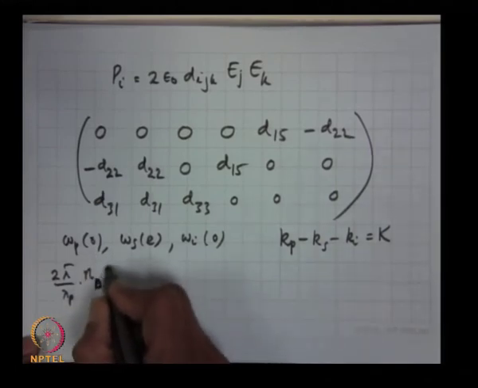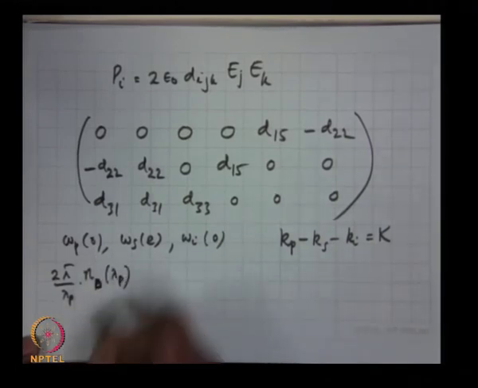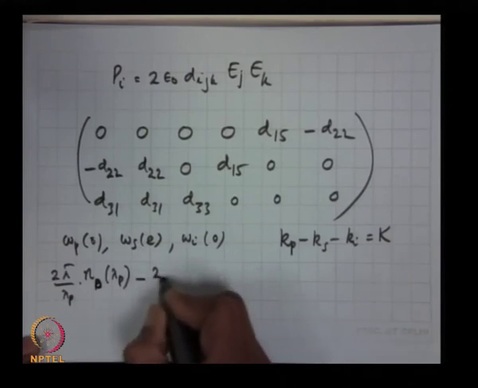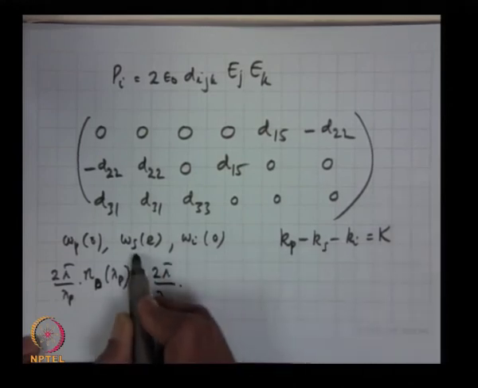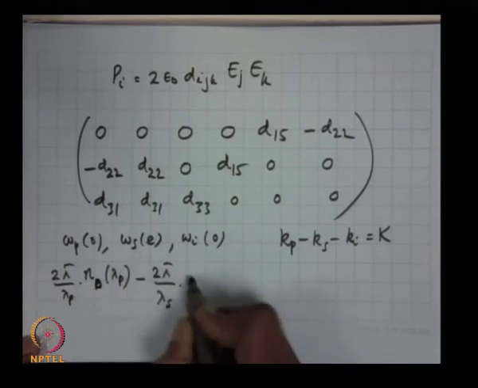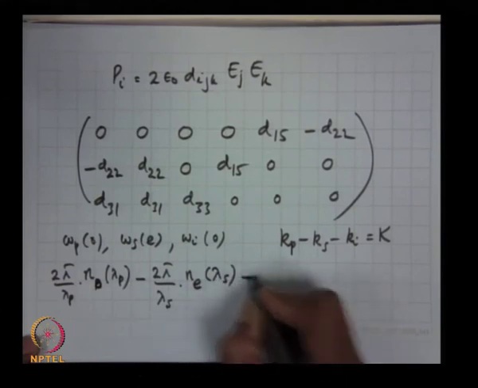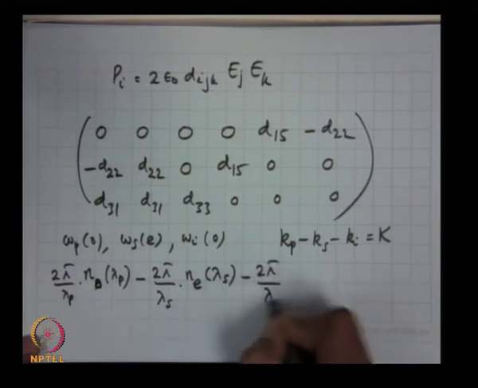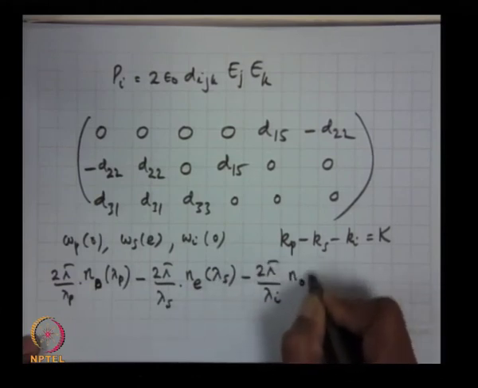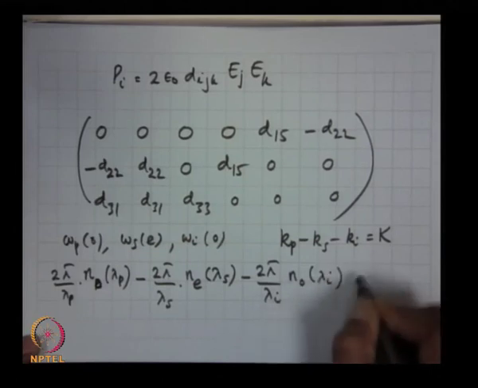Ordinary index at lambda p minus 2 pi by lambda s into the signal is extraordinary, so extraordinary index at lambda s, minus 2 pi by lambda I into ordinary index at lambda I is equal to 2 pi by capital lambda.